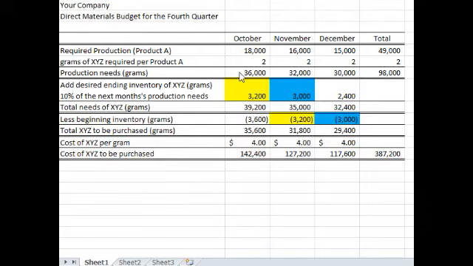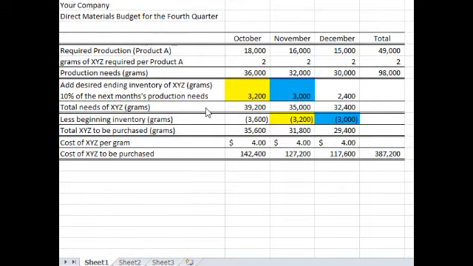So this month, in October, we need 36,000. In addition, we would like to have an additional 3,200 of XYZ because that is the representation of 10% of the next month's production needs. See that? 32,000 times 10% will make 3,200.